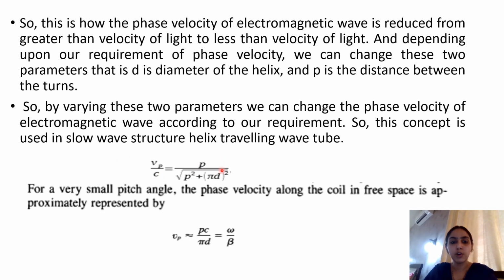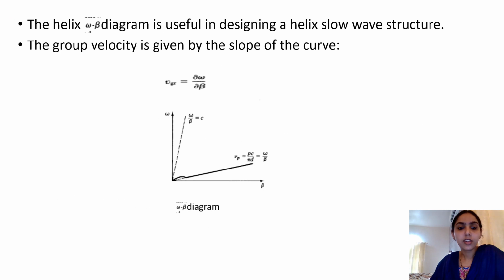For a very small pitch angle, the phase velocity along the coil in free space can be approximately represented as Vp is approximately equal to pc by pi d, which is also equal to omega by beta. So the helix omega-beta diagram is useful in designing a helix slow wave structure.